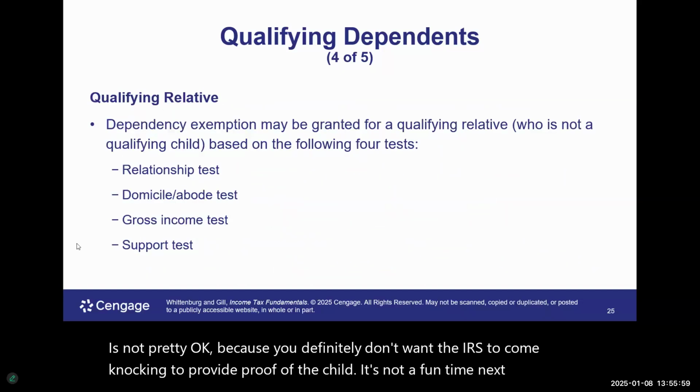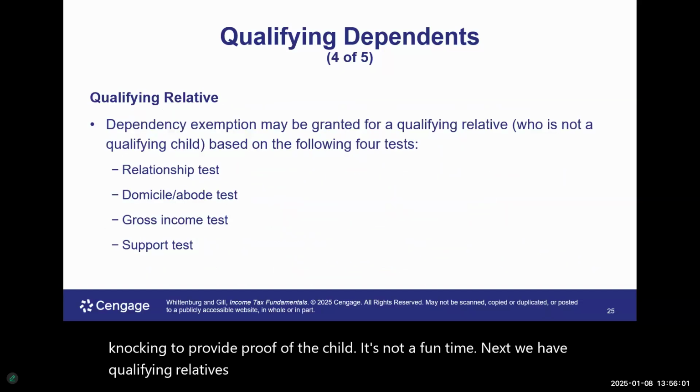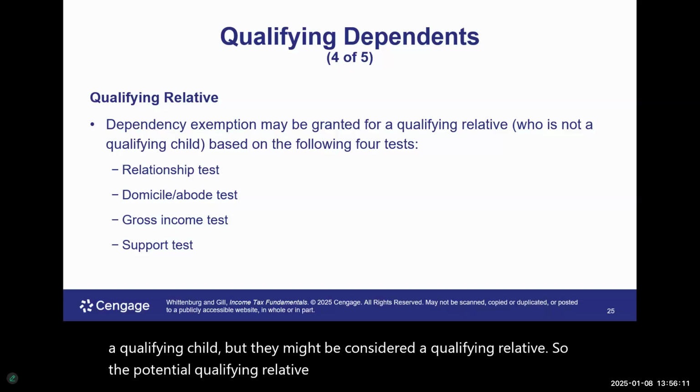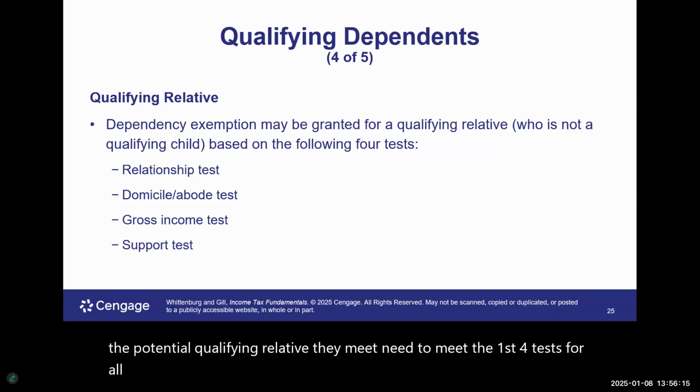Next, we have qualifying relatives. A qualifying relative is a person who's not a qualifying child, but might be considered a qualifying relative. The potential qualifying relative needs to meet the first 4 tests for all dependents outlined earlier. The taxpayer can't be claimed as a dependent.